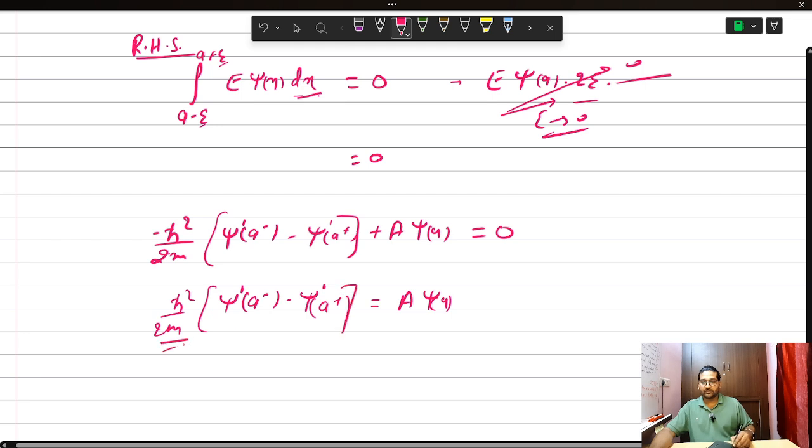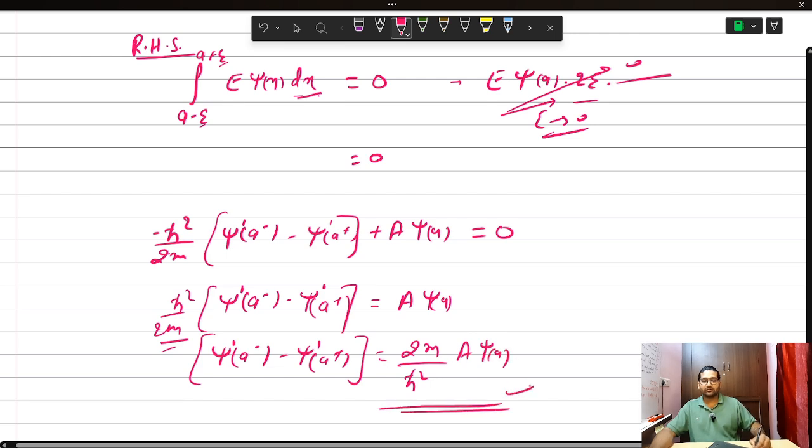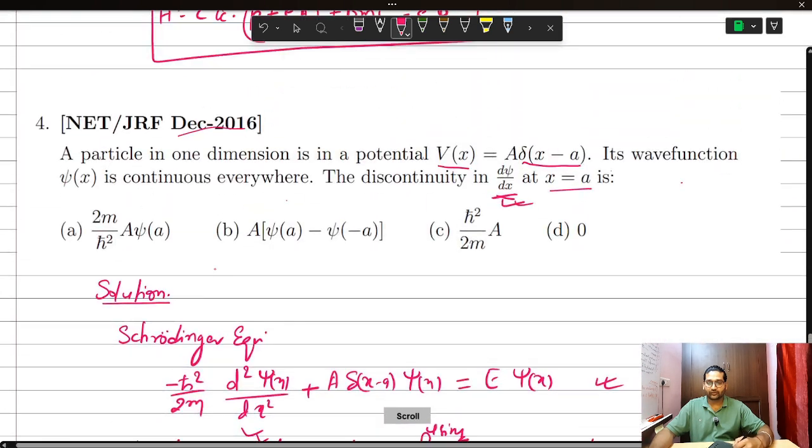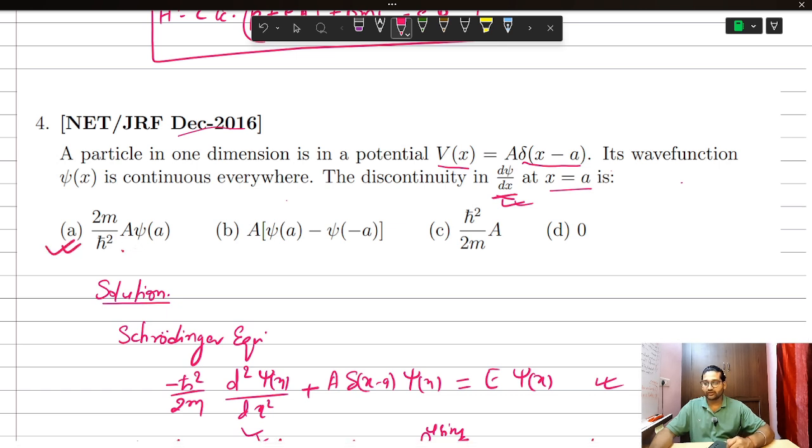Taking this part, psi dash a minus psi dash a plus gives us twice m upon h cut square a psi(a). So let's look at the options we have. Here the first option, a, is the solution.